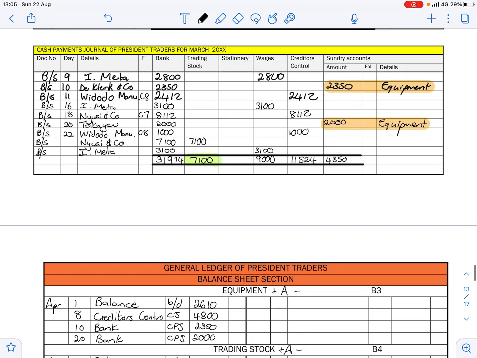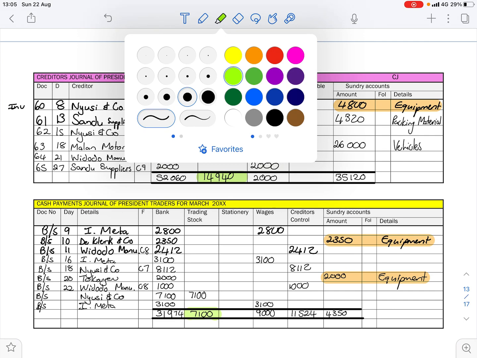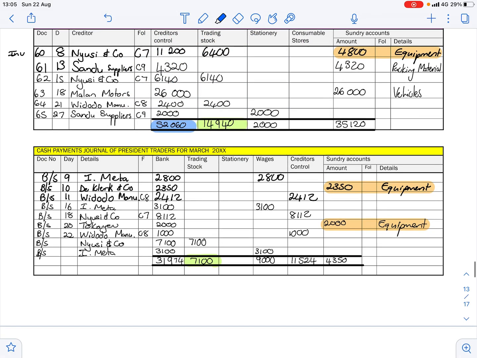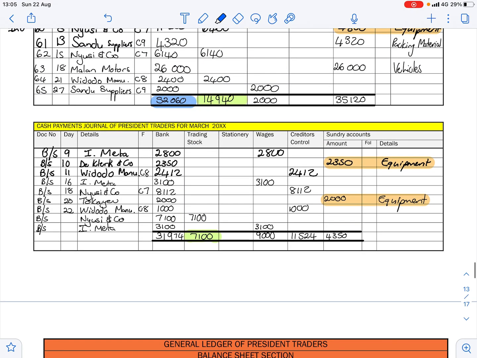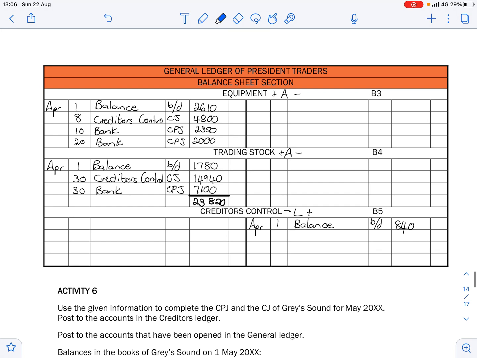So let's start off with what we have purchased. In our CJ, we look at the total of our creditors control account. Now, that was 52,060. So what we need to do there is show these purchases on the last day of the month.